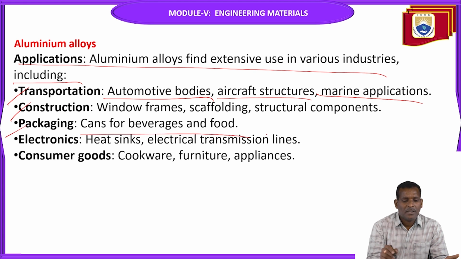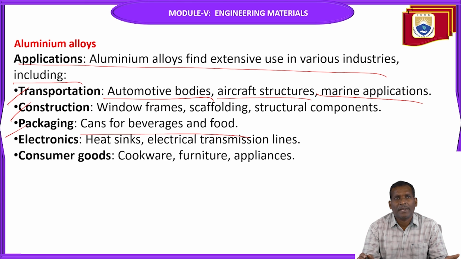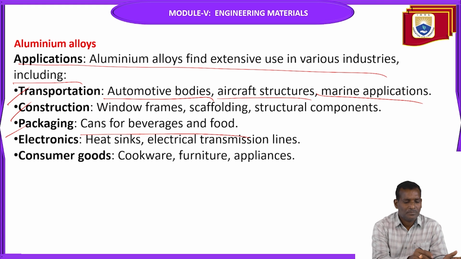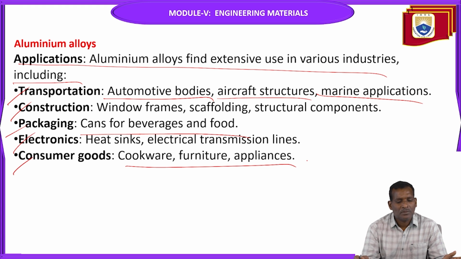And packaging: cans for beverages and food carrying equipment. Aluminum alloys are used due to their low density, lightweight, and resistance to corrosion. In electronics equipment, heat sinks and electrical transmission lines use aluminum alloys. And in consumer goods: cookware, furniture, appliances.